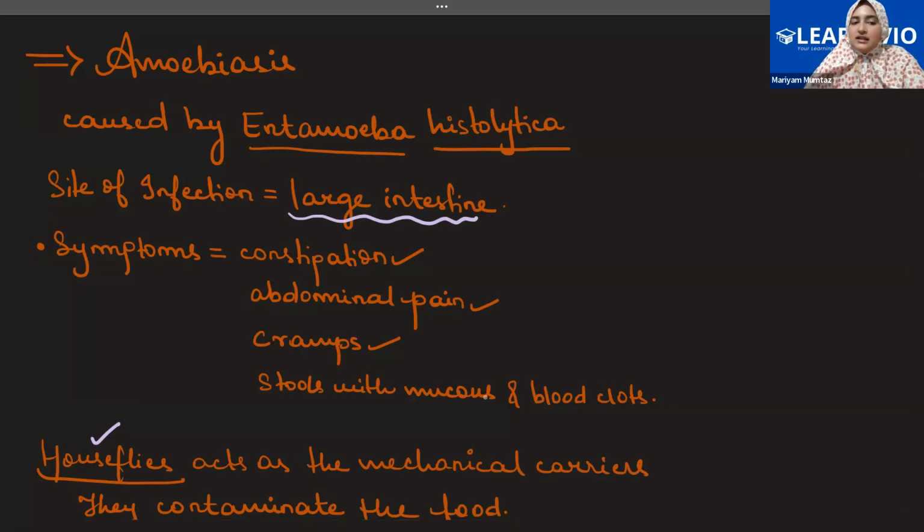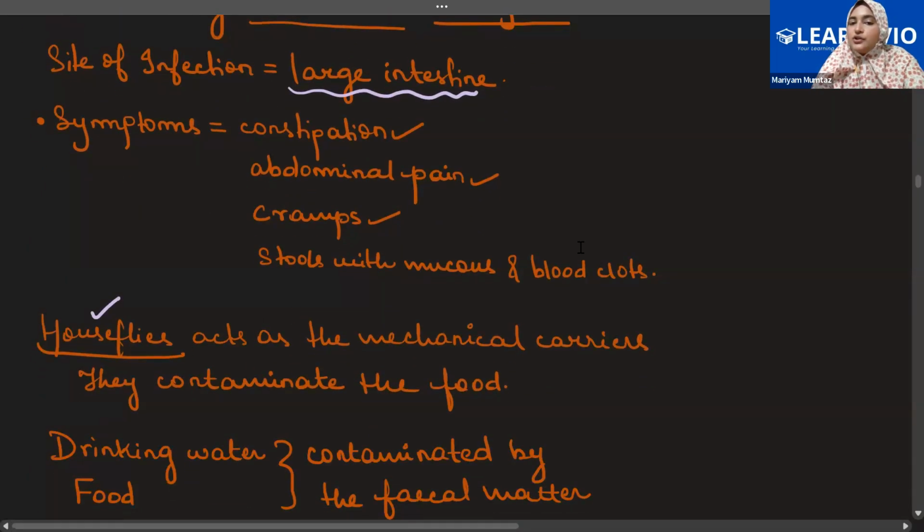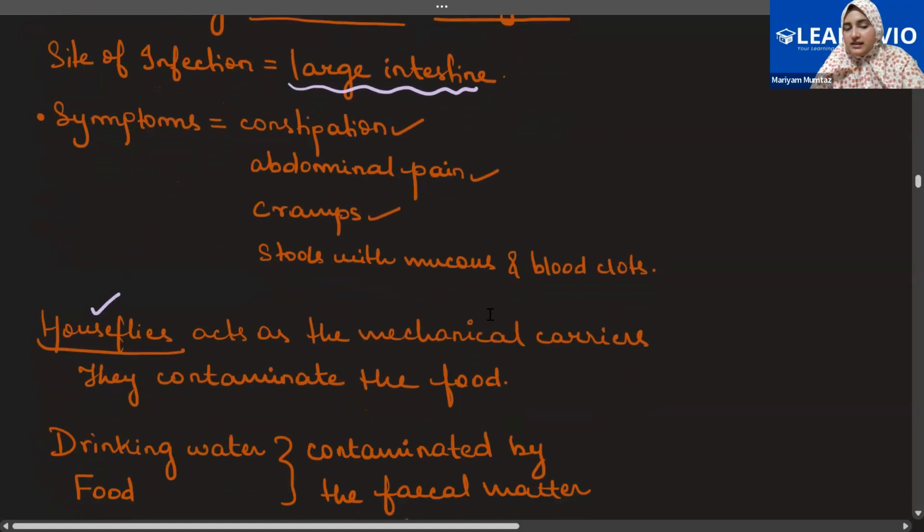The site of infection for this particular disease is the large intestine. Always remember that here the large intestine gets affected. The symptoms of amoebiasis are constipation, abdominal pain, cramps, and stools with mucus and blood clots.